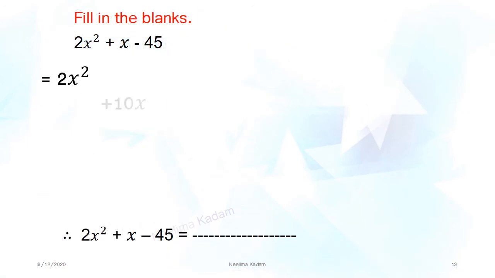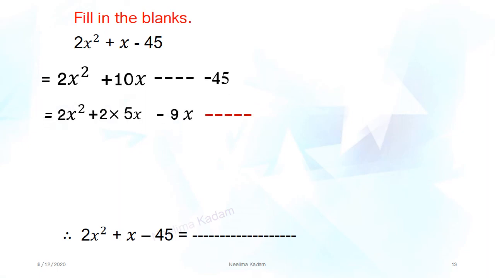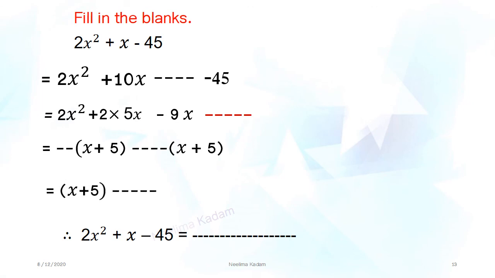Now fill in the blanks. This type of sum is given and we have to fill the remaining terms. Here again there is a coefficient with the square term and a last constant, therefore we have to multiply, that is 2 into 45, that is 90.